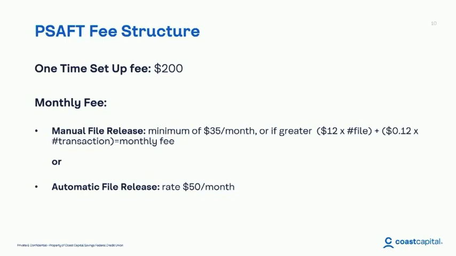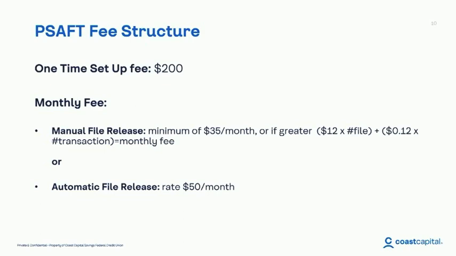So a file is the collection of transactions that you are doing at one time. So all of your Strata owners, their Strata fee collection likely happening on the first of the month. That is one file. If you are only collecting those, you only have one file per month. Then we have the number of transactions. So that's how many owners you are collecting those Strata fees from.